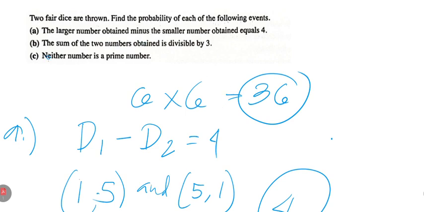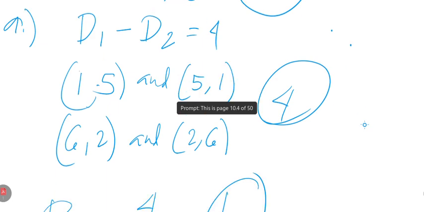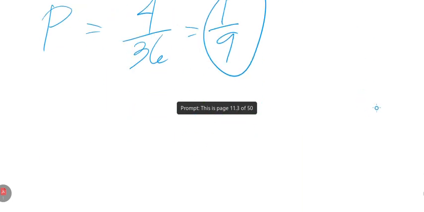Now, moving on to the second one, B's question is that the sum of the two numbers obtained is divisible by 3. Let's write out the numbers. The sum of the two numbers is divisible by 3.